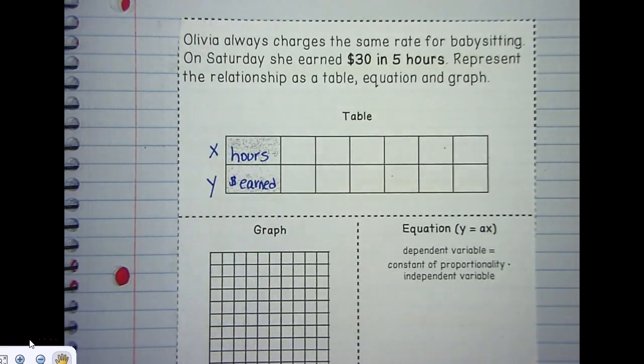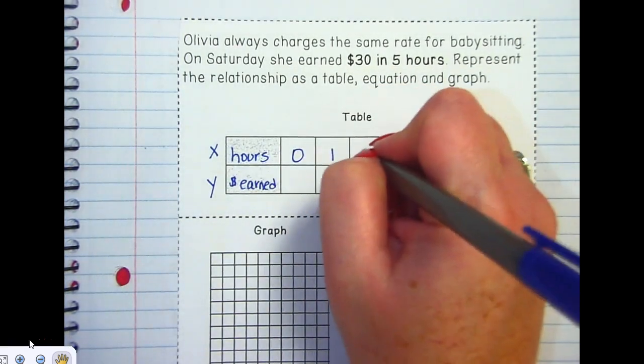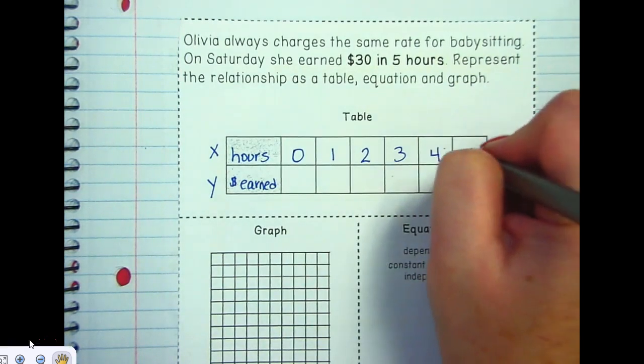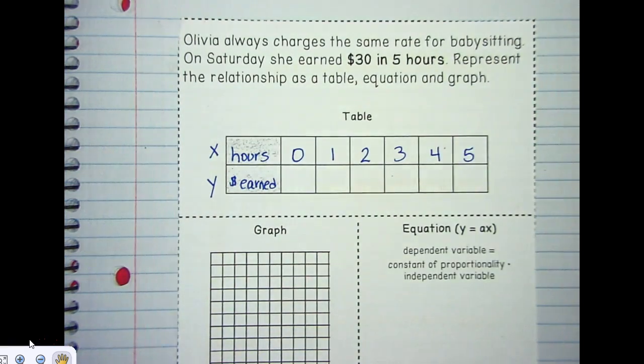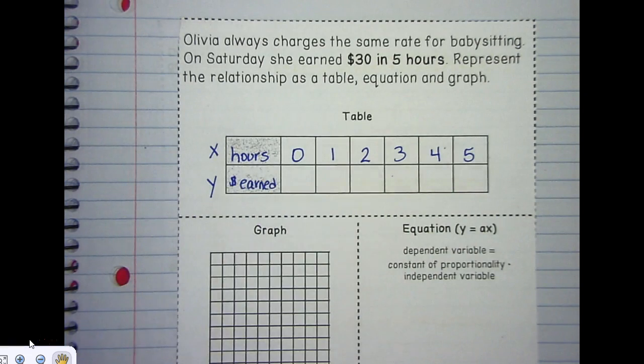So we know that we want to have 5 hours on there. So let's start at 0. 0 hours, 1 hour, 2, 3, 4, 5 hours. So is there anything that we can fill in here that we already know?